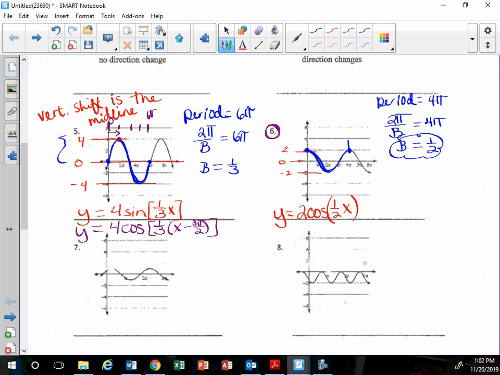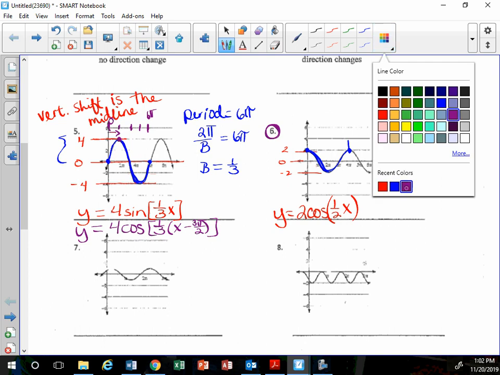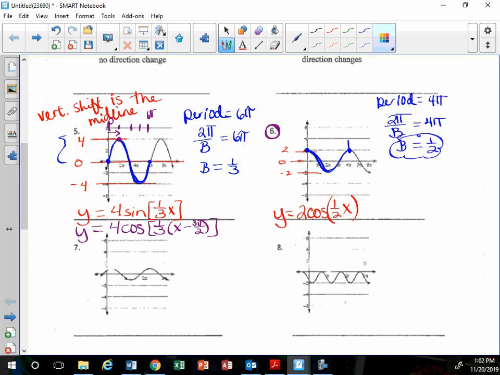Okay, sine. Lots of options with sine. The 2 stays the same. The 1/2 stays the same. Do you guys see how I could shift all the way over here to 3 pi and then it would look like sine? So that's one option. So minus 3 pi.